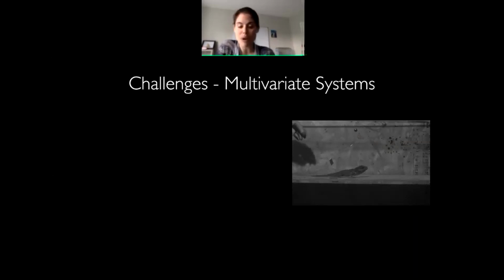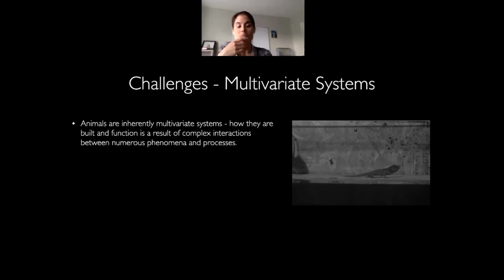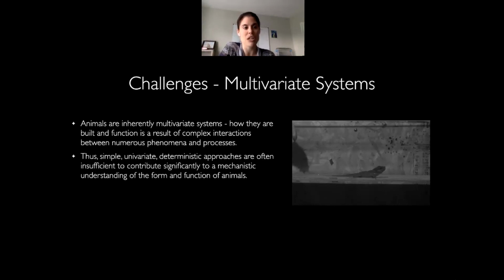I already talked about how animals are hierarchical in their organization, and certainly even just the few levels of organization that I deal with are highly multivariate. How an animal is built, how its morphology is put together, and how that morphology comes together to function is the culmination of a lot of complex interactions between the various levels of organization.